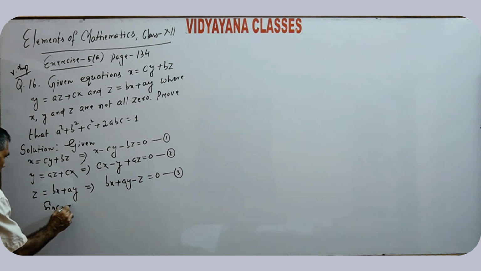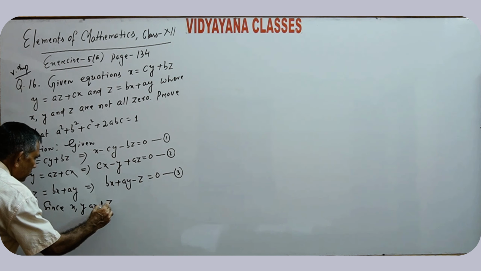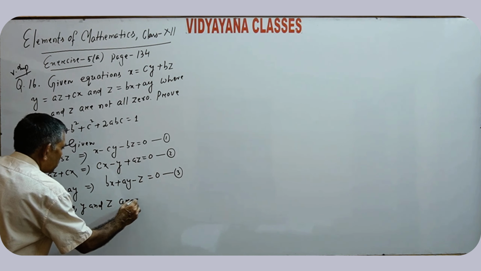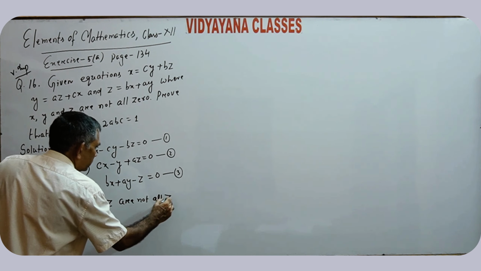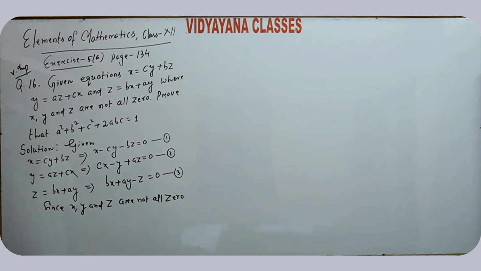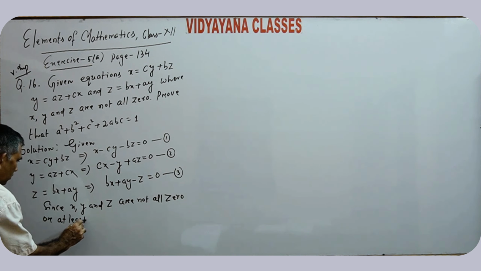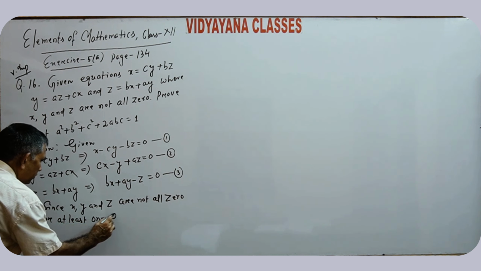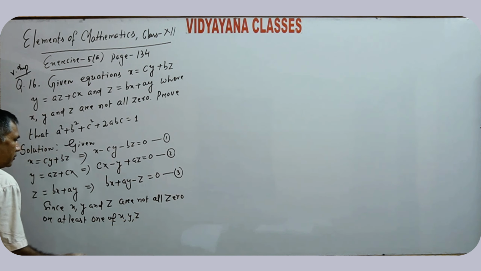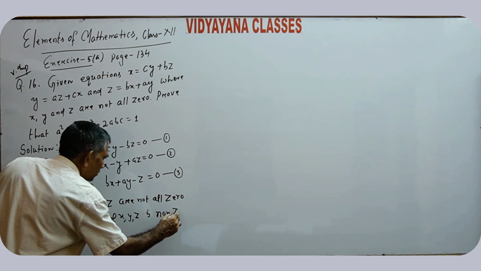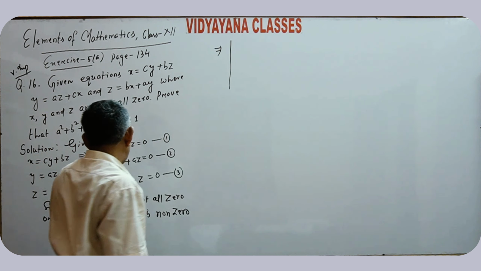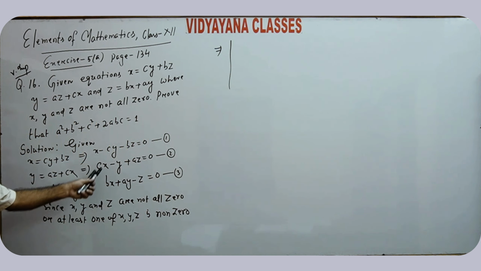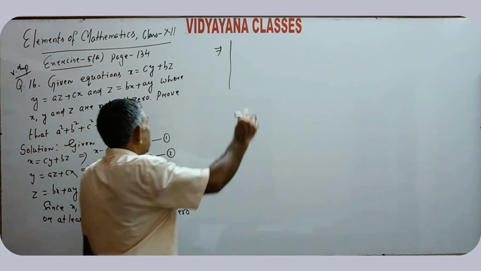Since x, y and z are not all 0, or at least one of x, y, z is non-zero, implies determinant of the coefficients of x, y, z is equal to 0.